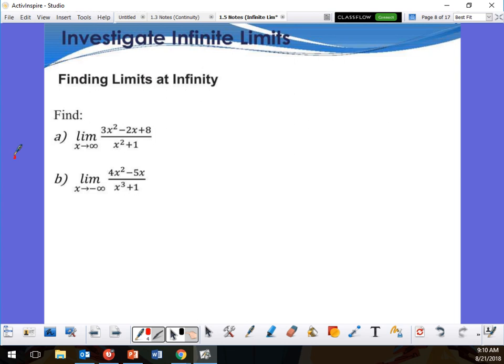Okay? And so, what's the degree of the top? What's the degree of the bottom? If they have the same degree, use their coefficients, the numbers in front.